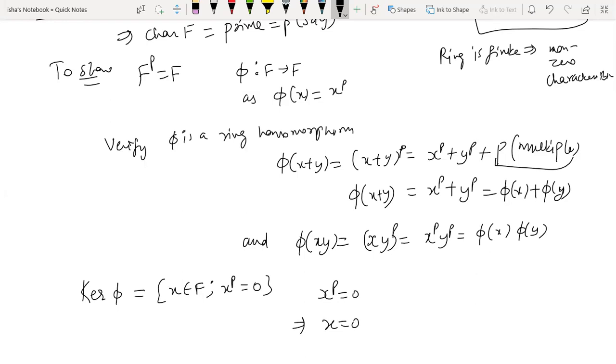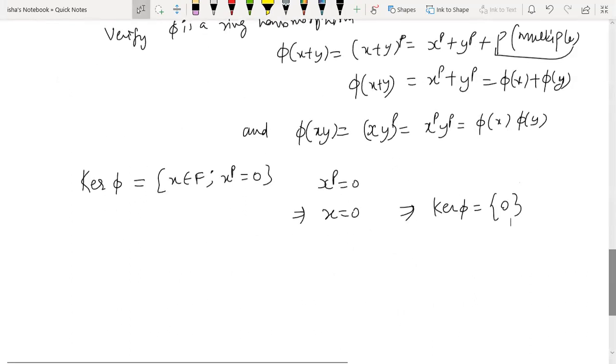A field is an integral domain, right? In any field, there cannot be any non-zero element whose power becomes zero. So only the zero element is there whose power to any positive number is zero, because there are no zero divisors in a field, right? So this implies x is zero. So this implies the kernel of phi contains only the zero element.